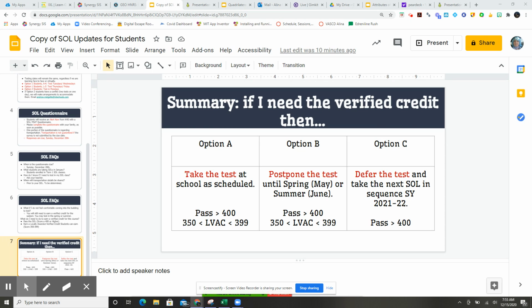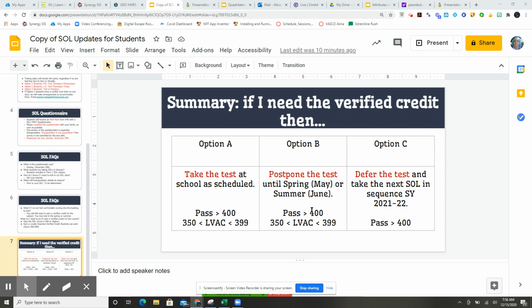Okay. So that's why we've got the three options. Option A is the best option if you feel comfortable coming into school. If you don't feel comfortable coming into school, don't do this. Okay? You can do option B, postpone the test. And this is all in a survey, Michael. So I'll go backwards up the slides and kind of let you know what that is.